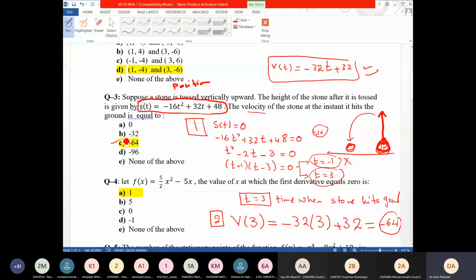You will surely have one question like this in the quiz. There should be. Now this is not an easy one. This has two steps. Some questions are very easy.